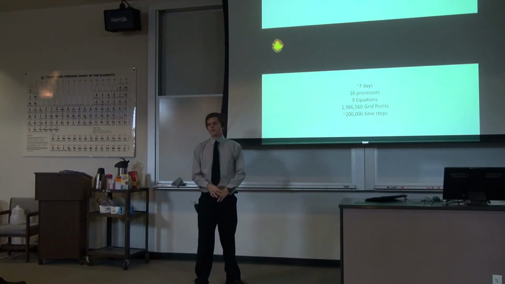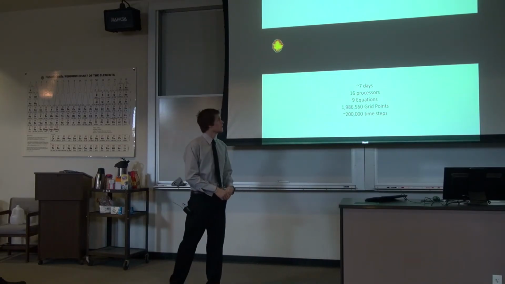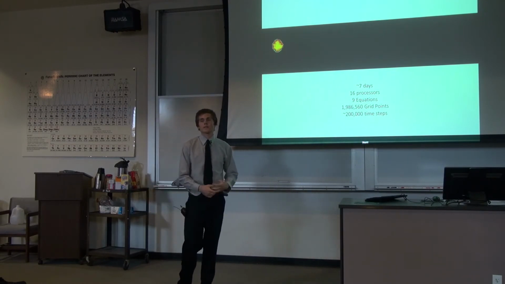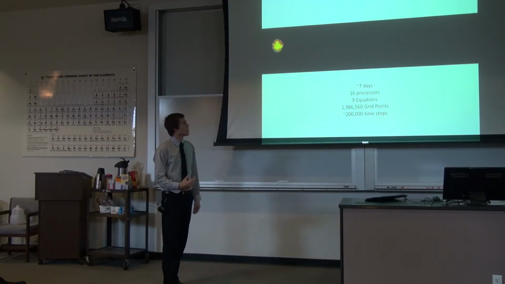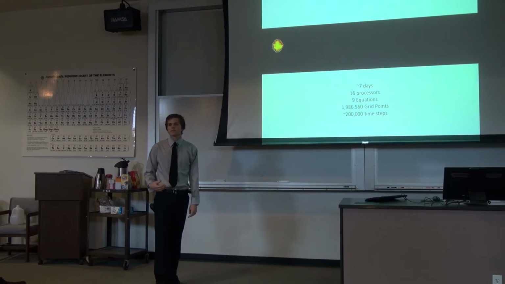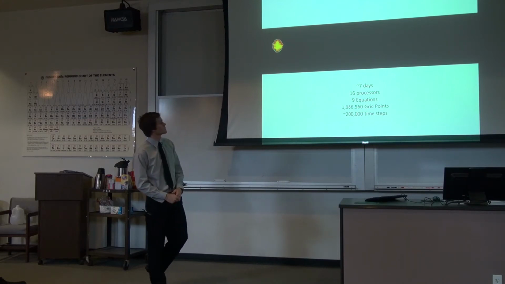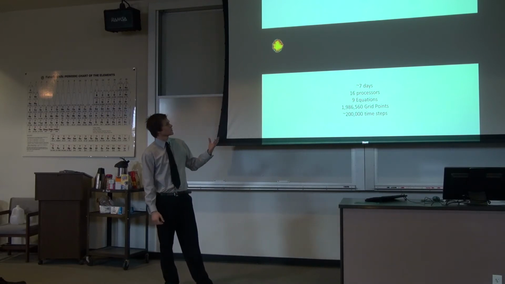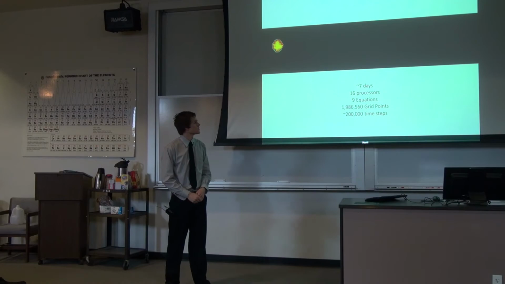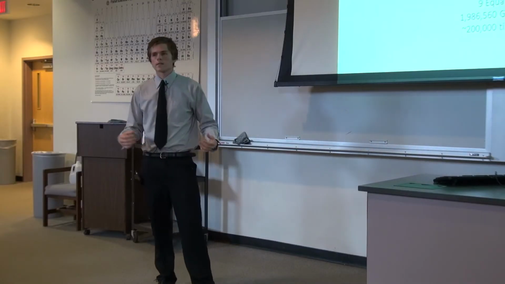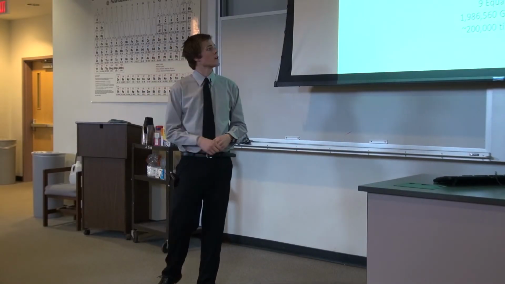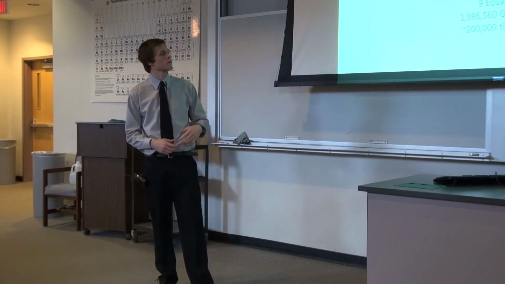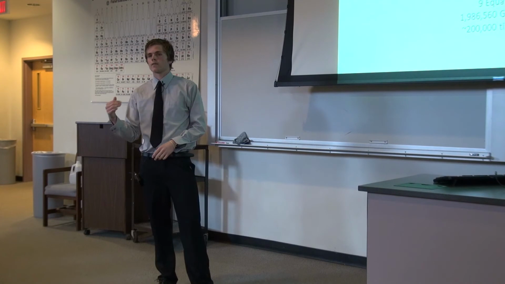All right, so we let it run, and finally we get our results. This is going to be a video, so I'm just going to set the stage for this video, just to give you an idea of how much computational processing time is going into this simulation in particular. This simulation took 7 days to run on 16 processors, and essentially it's solving those 9 MHD equations at every single grid point, of which there's roughly 2 million, and it's doing that at every time step.